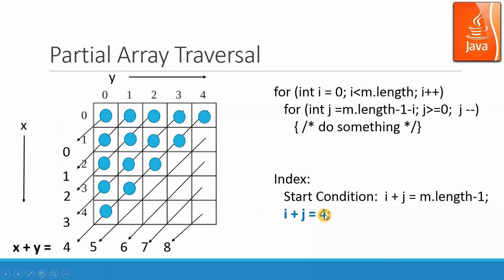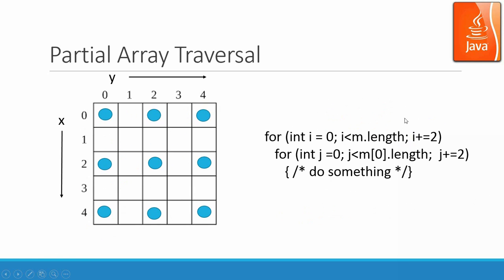So i plus j will be equal to 4. So these cells are the ones where i plus j equals 4. So by calculating this, 4 minus i will be the initial value for j, so it will be on this line. So you start from here to here. You have a partial array traversal.